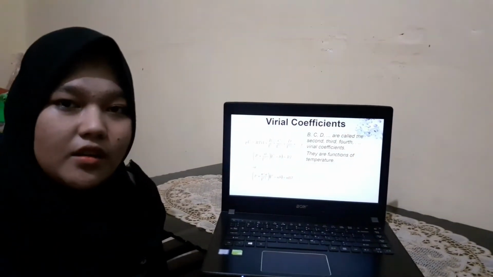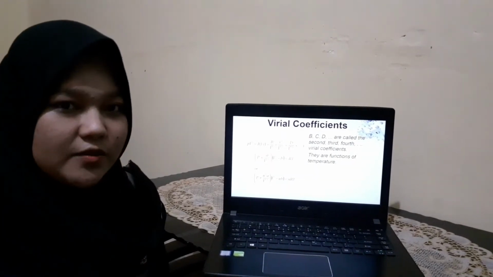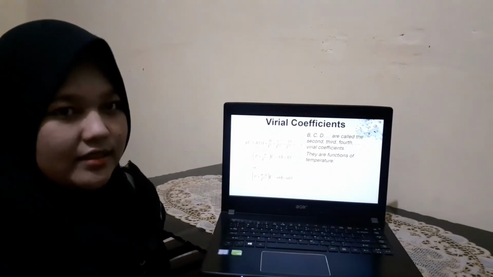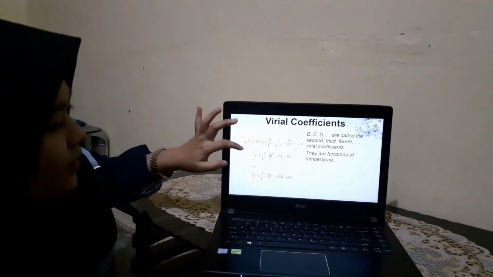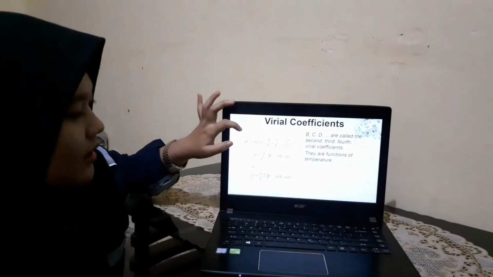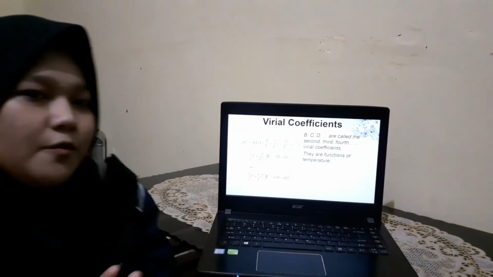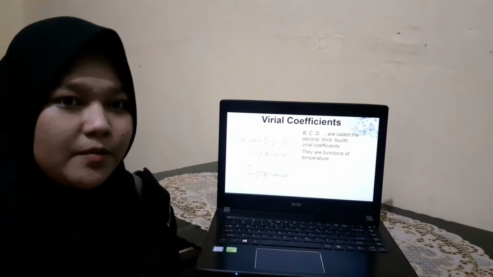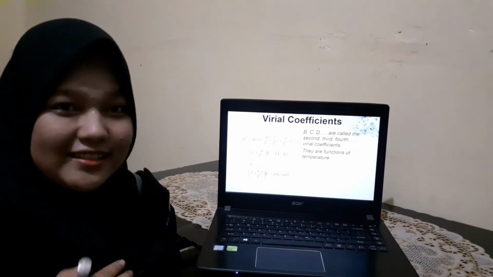Like before, there is a correlation with temperature, the same as with the ideal gas. So for the Virial equation, it is like the ideal gas, but we are learning about real gas, not ideal gas.